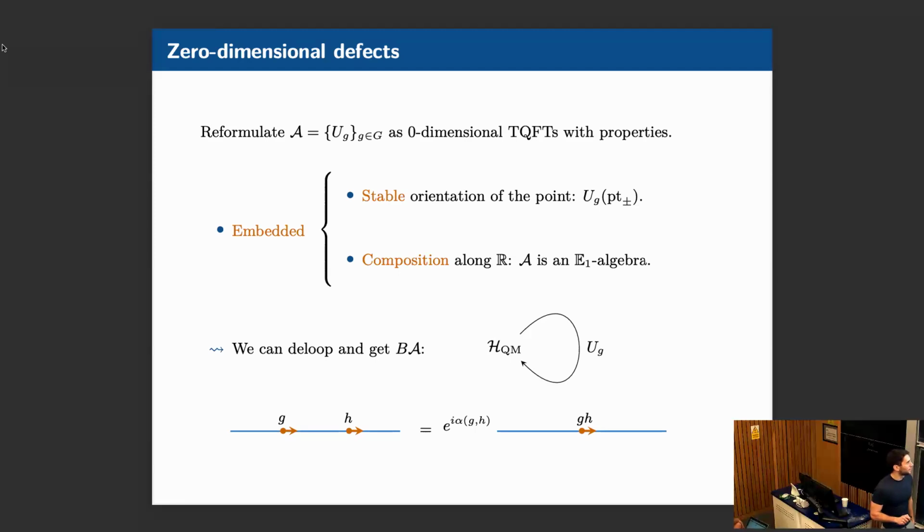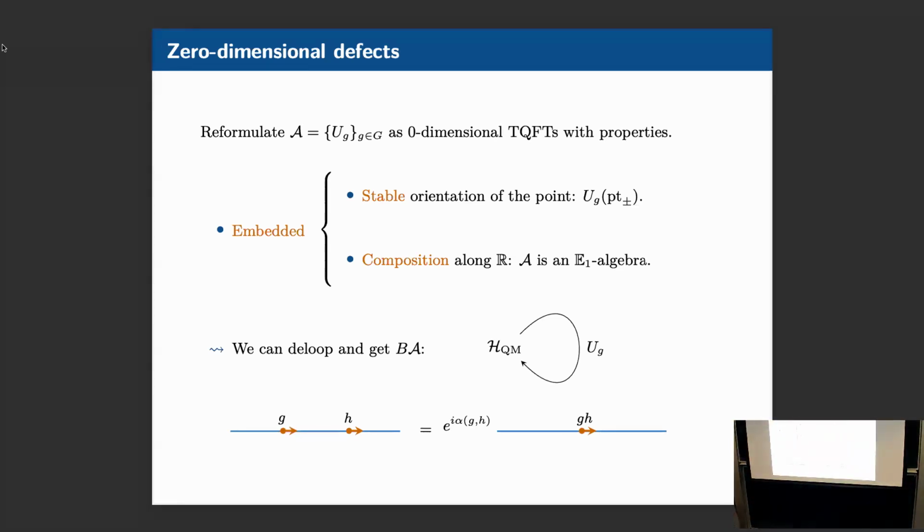So this indeed gives immediately back the fact that we have an algebra. And they need to carry some sort of orientations, which comes from the orientations of your line. So in particular, it means that they're labeled over these points, stable points with plus and minus orientations. And this is just by taking into account the fact that you have some topological points that you can embed on the line, right?